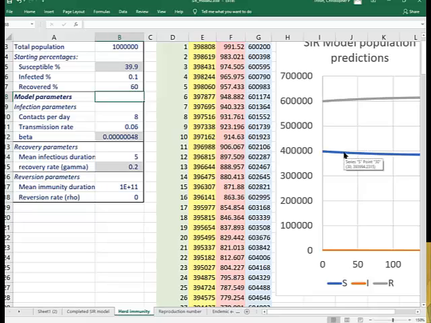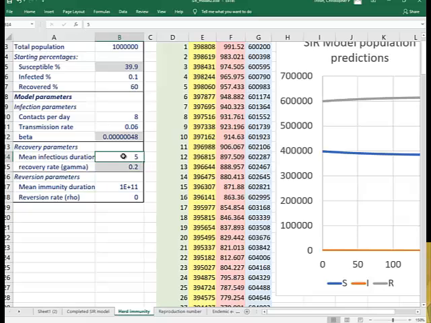I should also say at this point that another strategy you can use is to do testing. What testing will do is reduce the infectious duration, because if you test someone and find that they're positive, then you will keep them separate from other people, and that will reduce the effective infectious population.